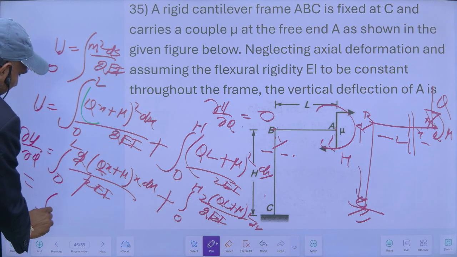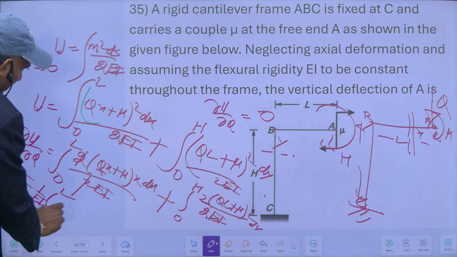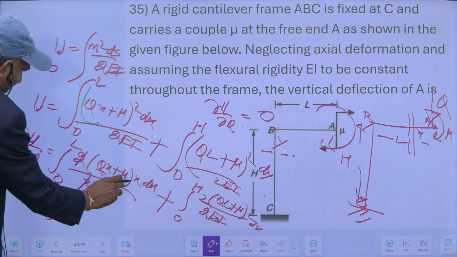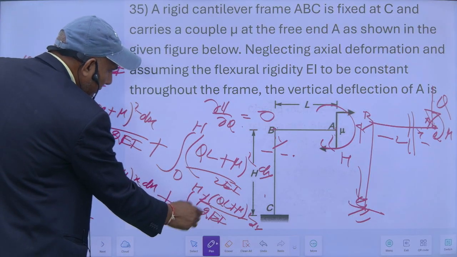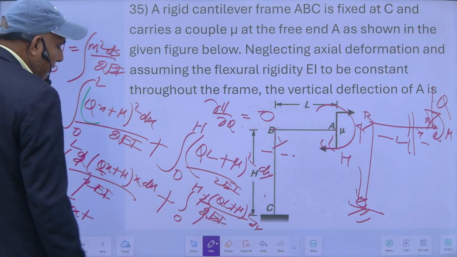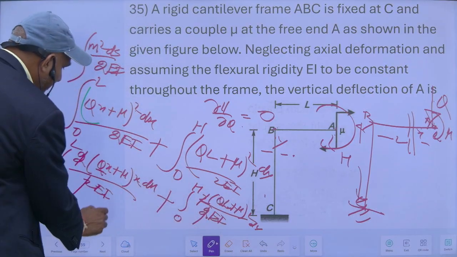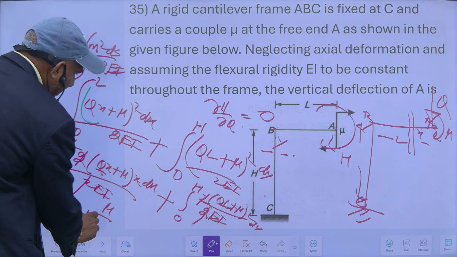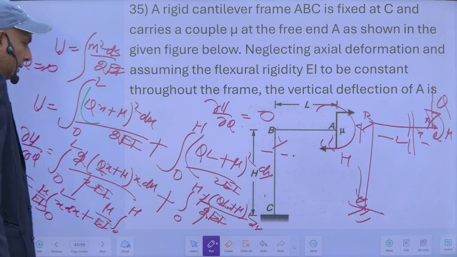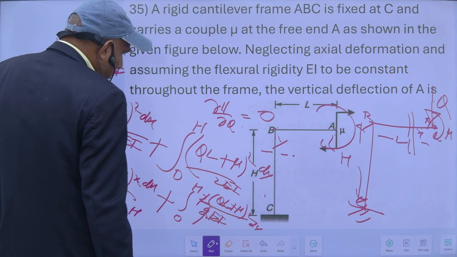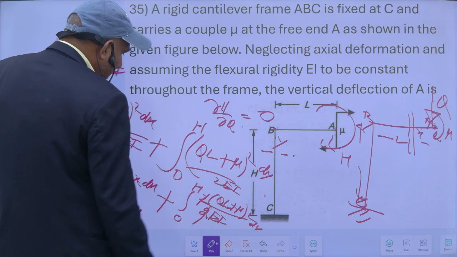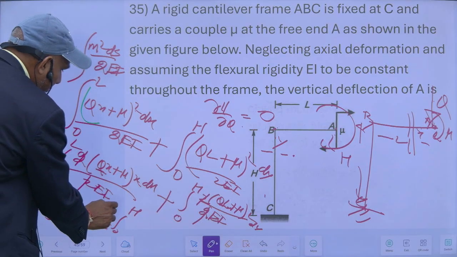So it will be the integral from 0 to L of 1 upon EI, Mu into x dx, and for this one also putting Q equal to 0, it will be Mu upon EI, integration from 0 to H of Mu L dy.